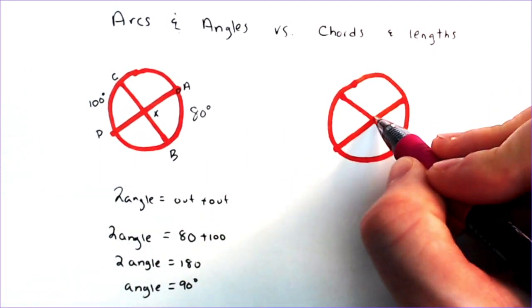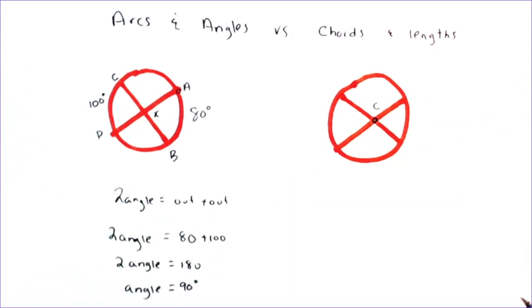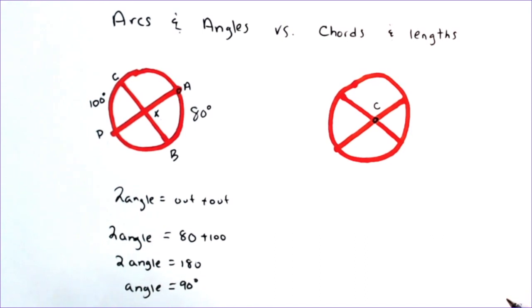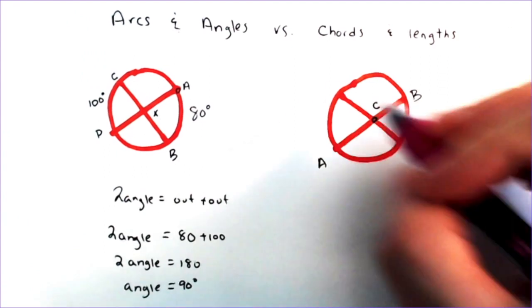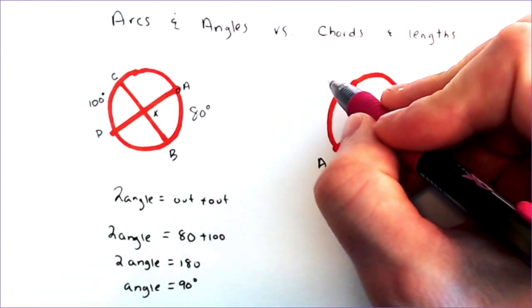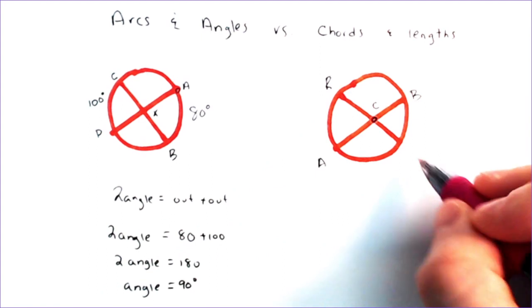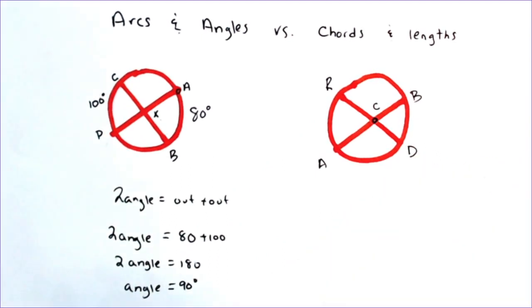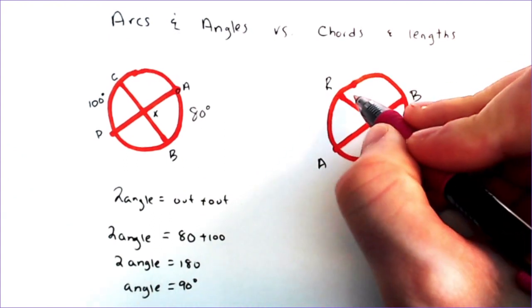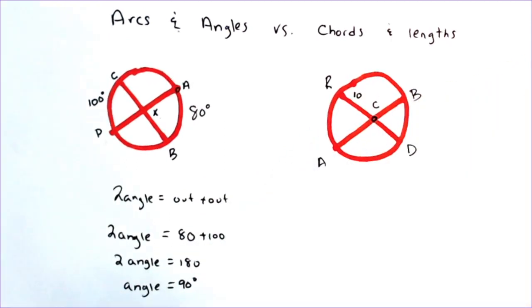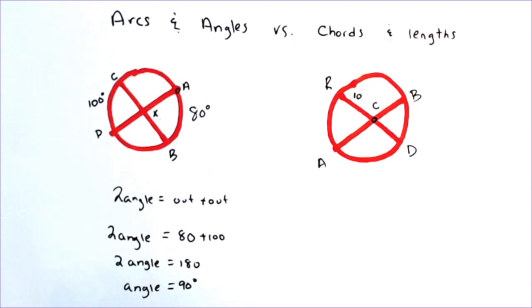So we're going to call the middle point C. We're going to have A and B on the side, and we'll call it R, D here. So let's say that I told you that R to C was 10, not 10 degrees, something like 10 inches, 10 feet.